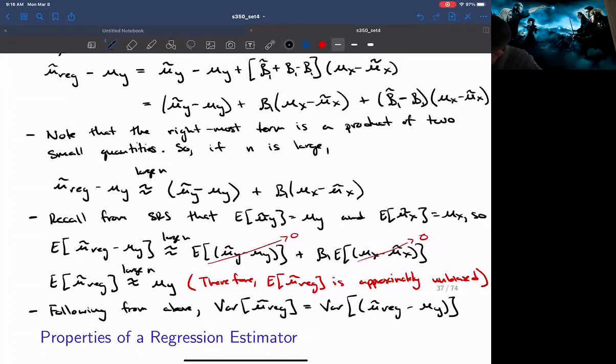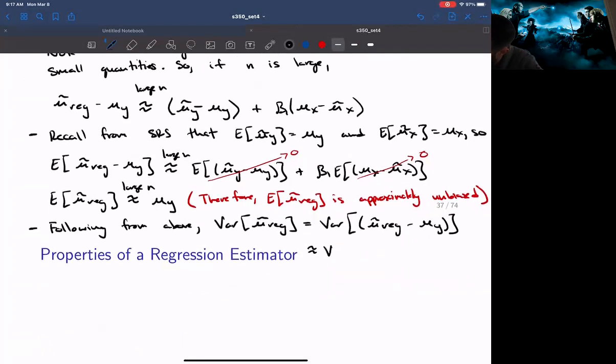Okay, so this will be approximately equal to the variance of mu tilde y minus mu y plus beta mu x minus mu tilde x.